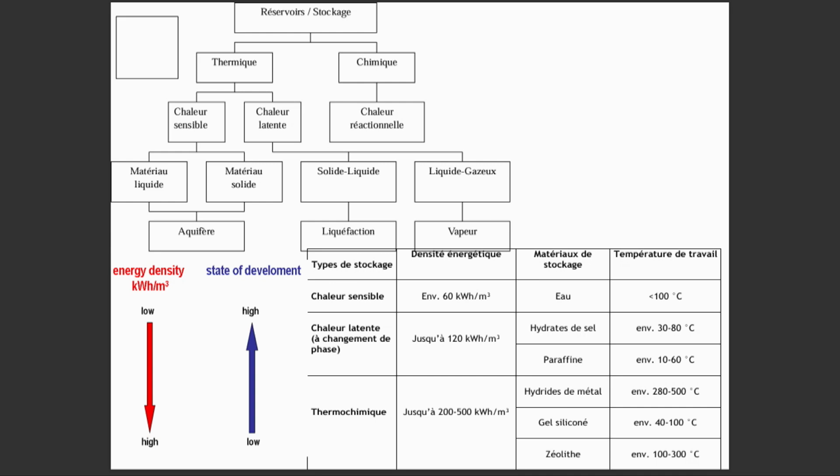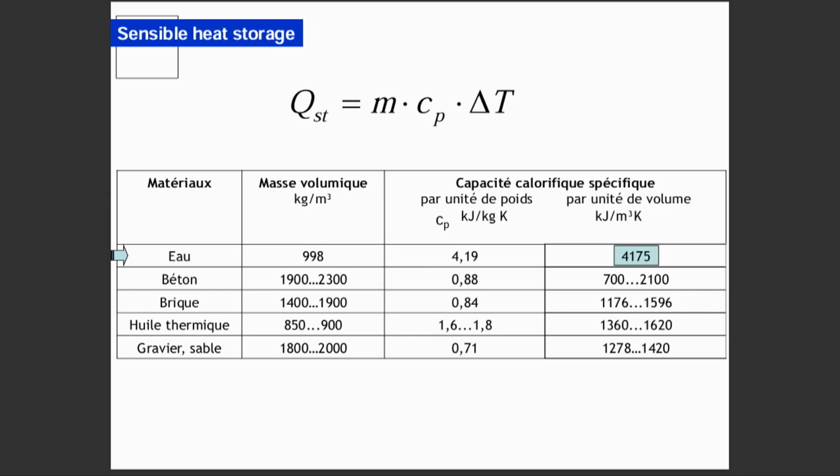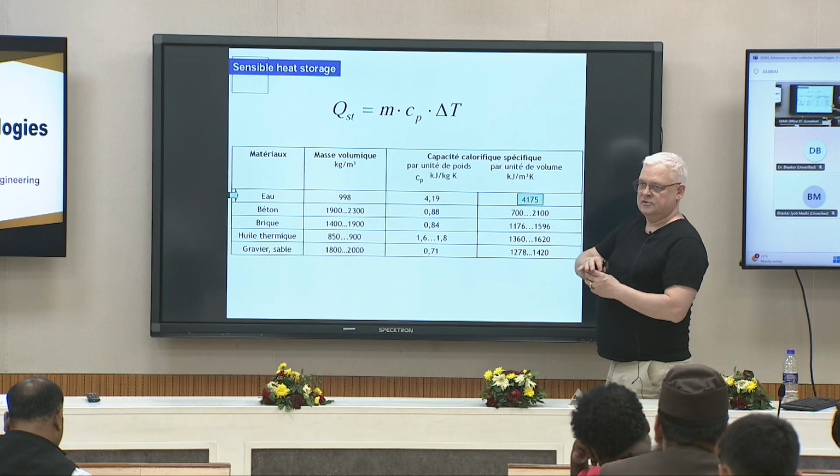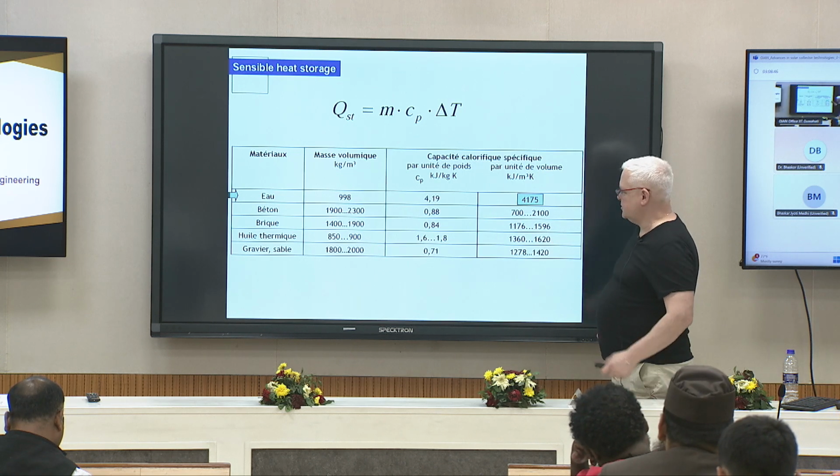So, different ways, different materials. Sensible heat, as I told you, is very simple: mass times heat capacity multiplied by delta T. It's fully linear, so when you inject this energy, the body will increase by several degrees.